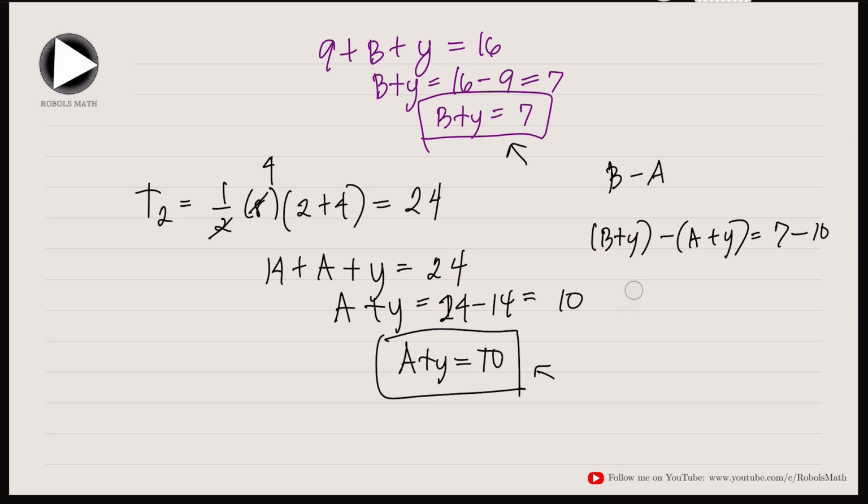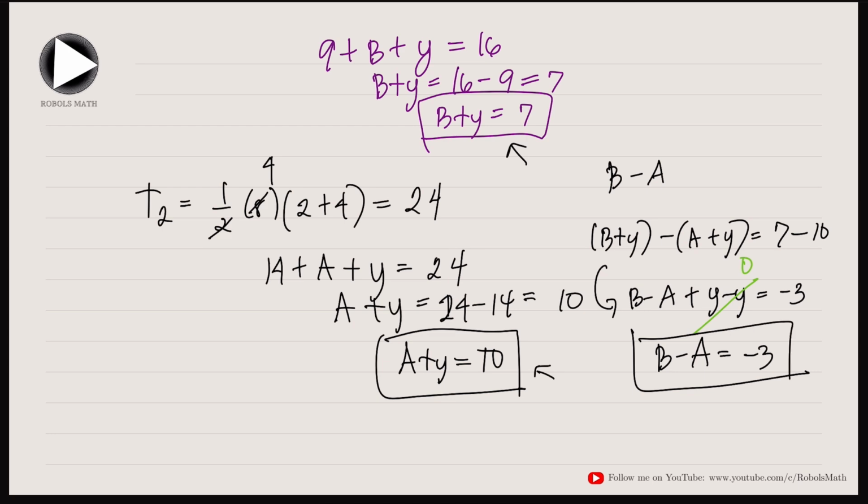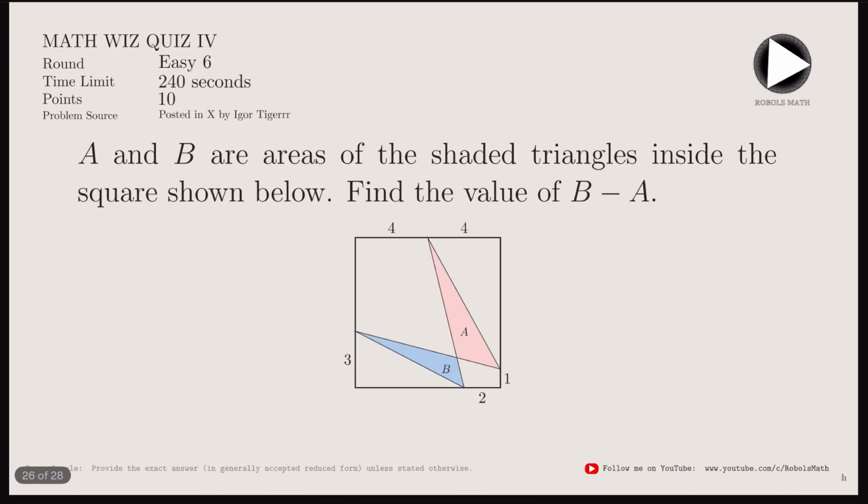If we do this, we get b minus a plus y minus y equals negative 3. Y minus y cancels out, leaving us with just b minus a equals negative 3. Therefore, the answer that we are looking for here is negative 3. And that's our final answer.